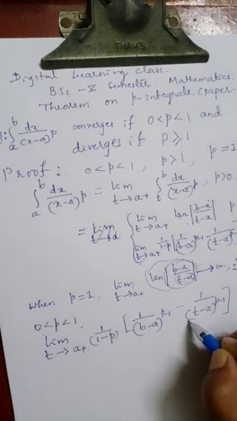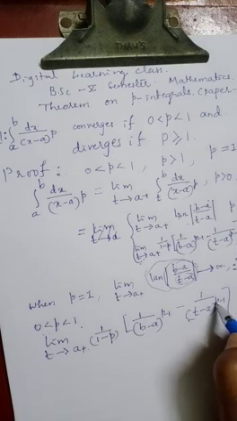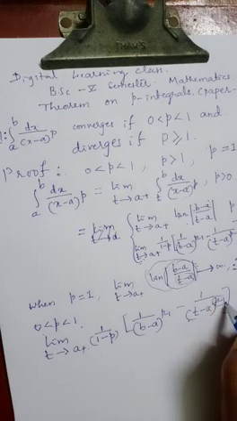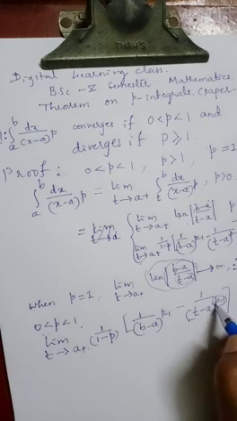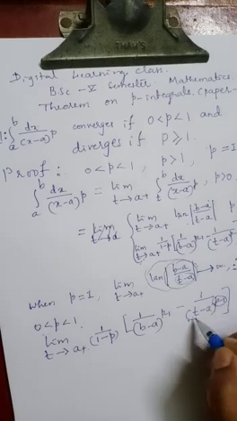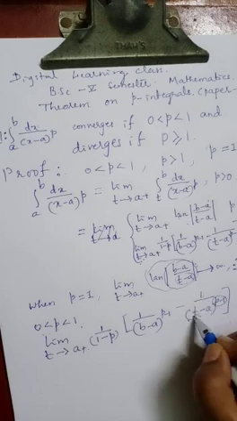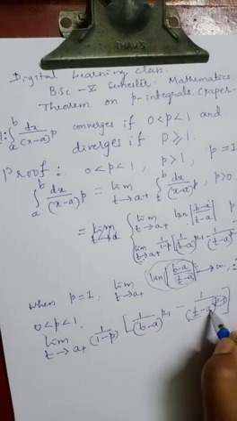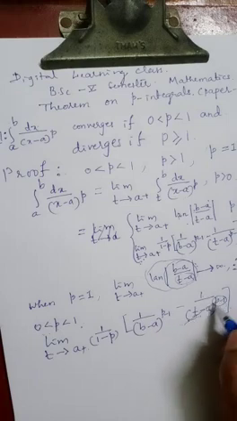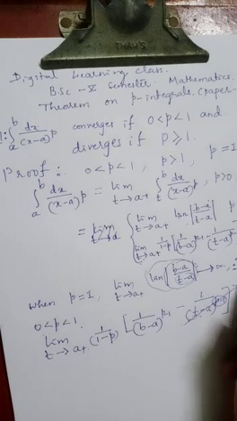This term, when p takes values lying between 0 and 1: p is less than 1 means this power index becomes negative. So this quantity goes to the numerator, and as t approaches a, this term approaches 0.